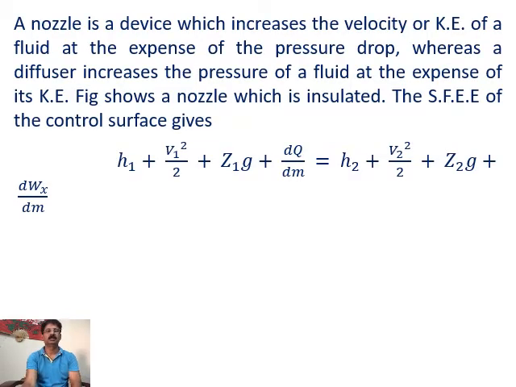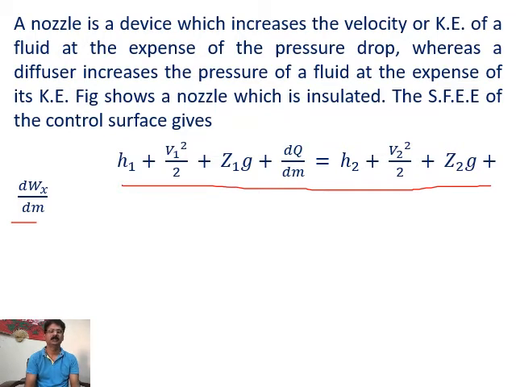Okay, so a nozzle is a device which increases the velocity or kinetic energy of a fluid at the expense of the pressure drop, whereas the diffuser increases the pressure of the fluid at the expense of the kinetic energy. Now you have the SFE: h1 plus V1 square by 2 plus Z1 g plus dQ by dm is equal to h2 plus V2 square by 2 plus Z2 g plus dWx by dm.